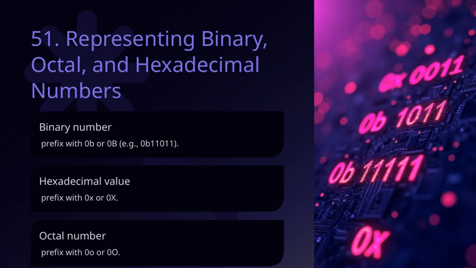Then, for binary numbers, the prefix is 0b, such as 0b11011. Recognizing these prefixes is key because they tell us what number system we're dealing with, which is essential for understanding how data is represented and manipulated in different contexts. This concept ties into the overall theme of how computers process various types of data efficiently.